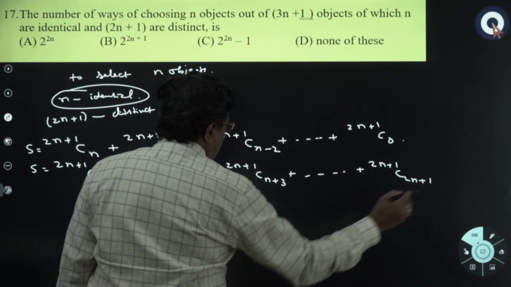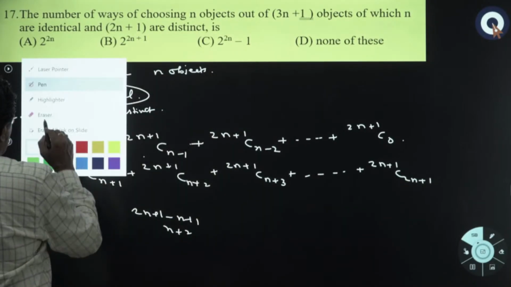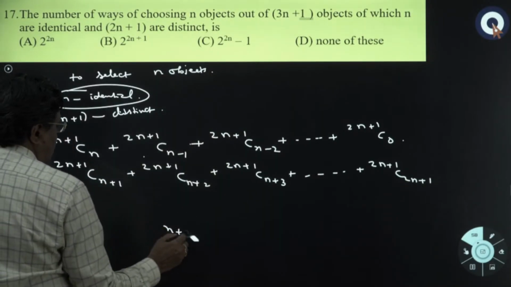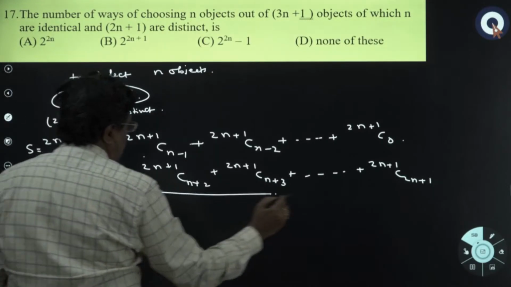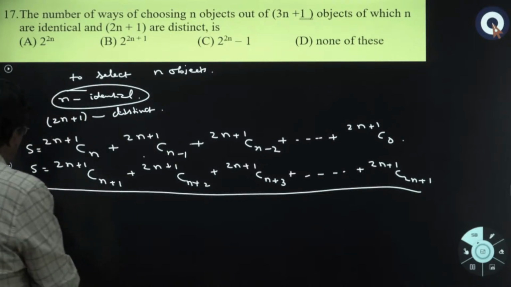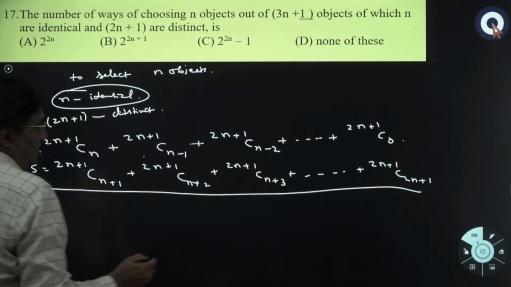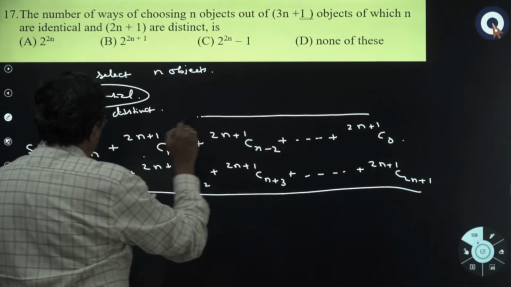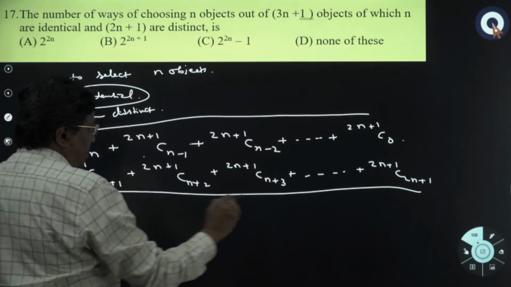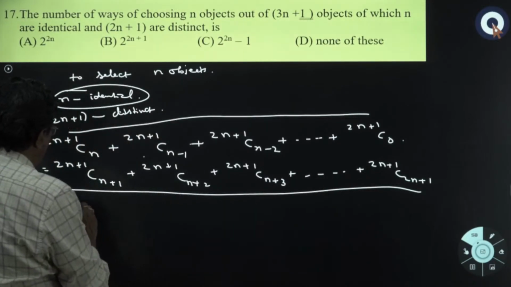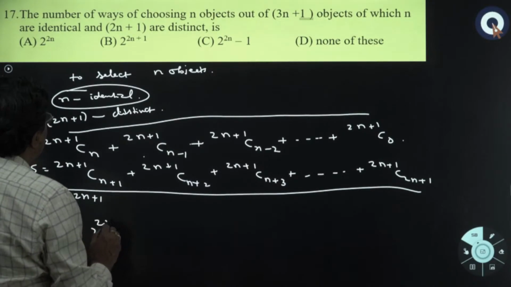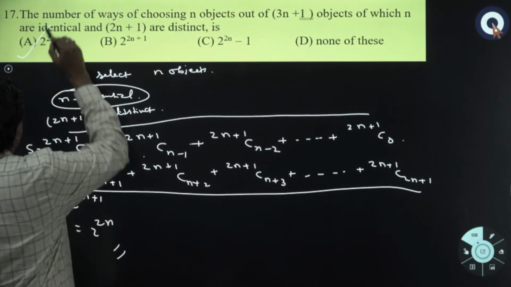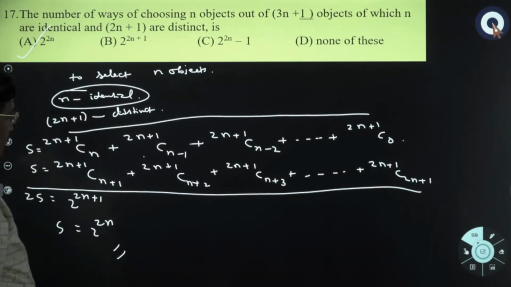So if you add these two, 2S is equal to, like this, if you add up to n and then n plus 1 and so on up to 2n plus 1. So it becomes 2 power 2n plus 1 and therefore S is equal to 2 power 2n. So the answer is 2 power 2n. So essentially the same thing, right? Understood. Right, next.